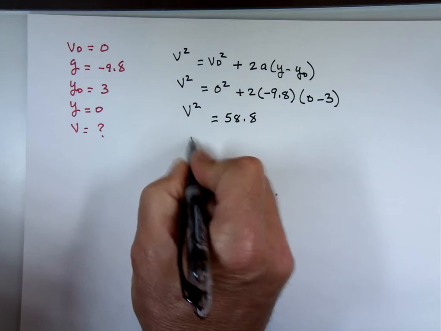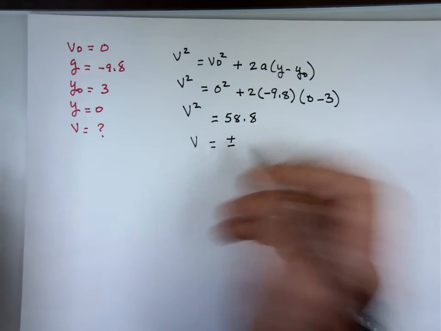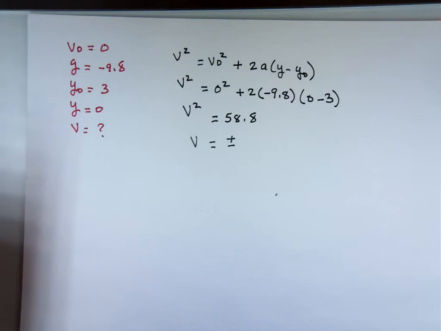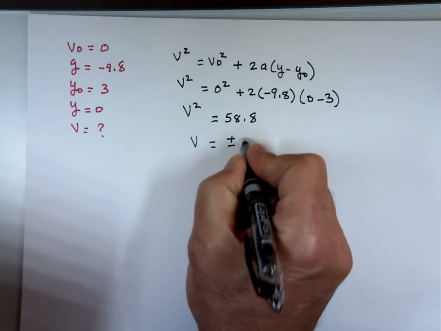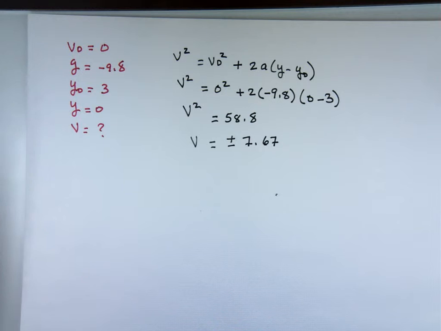And v will be plus or minus. Mathematically, there are two answers. The square root of that, which is 7.67. Since we're using up as positive, down is negative, so what's my velocity here?